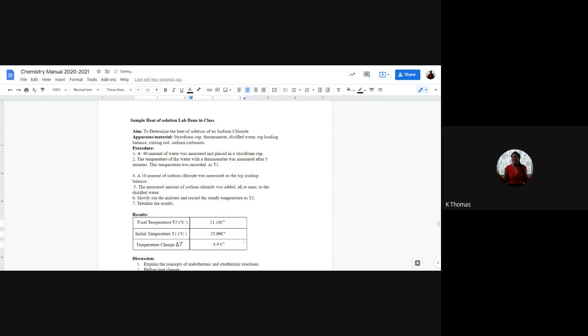So that is it now. Final temperature minus initial temperature gives me negative 3.9 degrees. And we're happy to proceed with that.